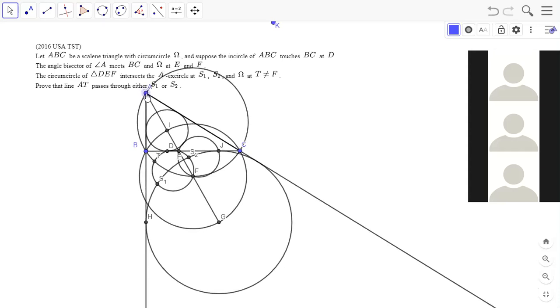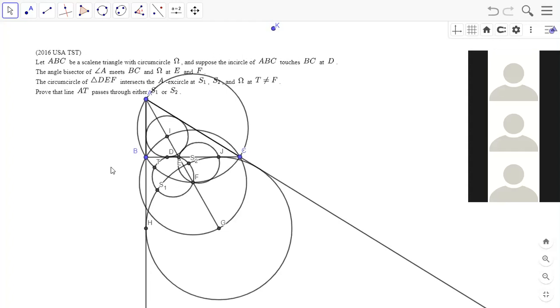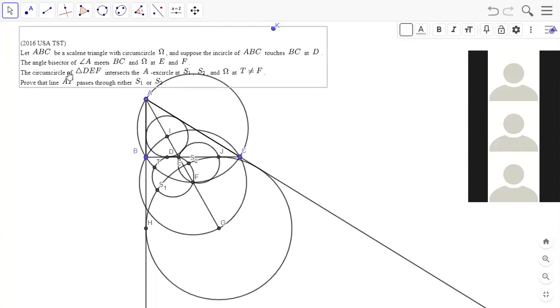These circles almost look tangent, but I don't think they are. Okay. Wait, if the circumcircle of GEF meets the circumcircle of ABC at T, then T is the mixtilinear point. Oh, I didn't know about this. How do you prove it?